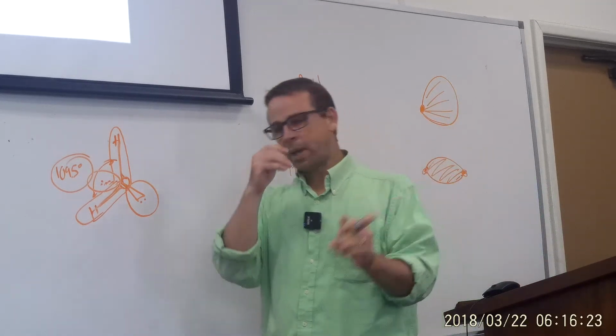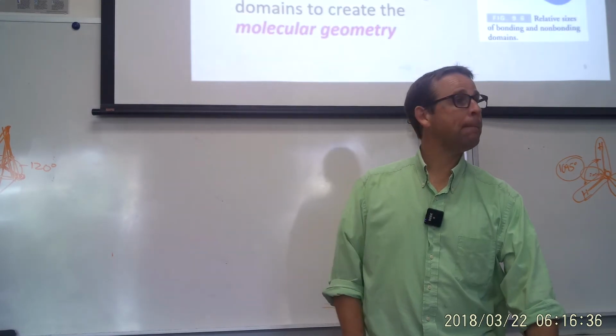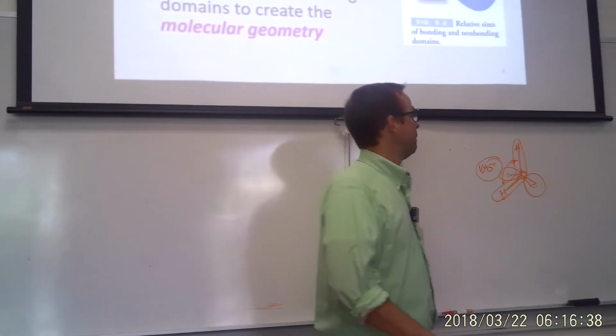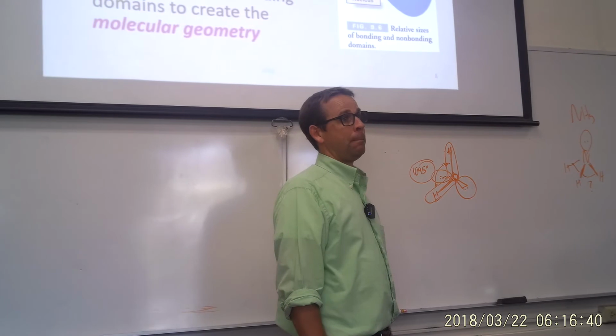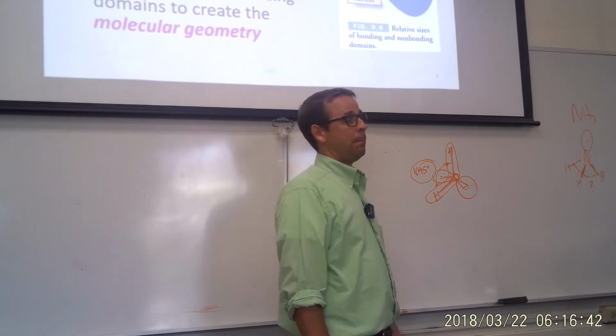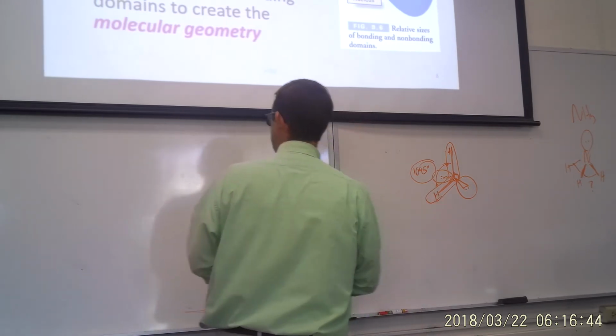Okay, so what does the lone pair, the non-bonding region do? Squeezes in the bonding regions and takes up more space. Also, there's two. There's two what? There's two bonding domains on two of the hydrogens. So let me draw these really good.